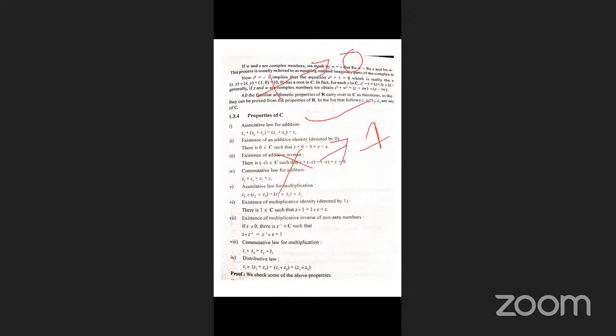In the same way, the identity element here is 0, which we can write as 0 plus i into 0. So z plus 0 equals 0 plus z equals z.